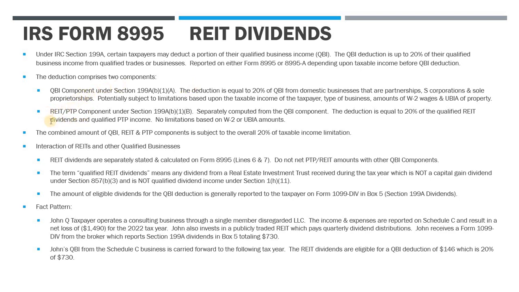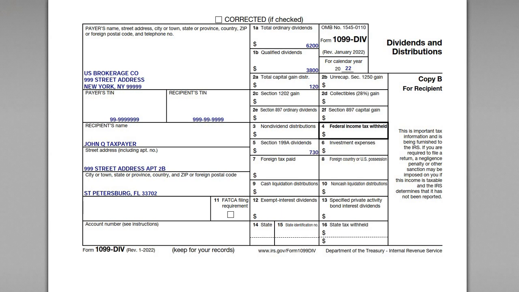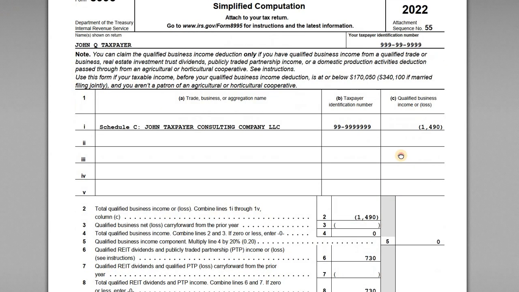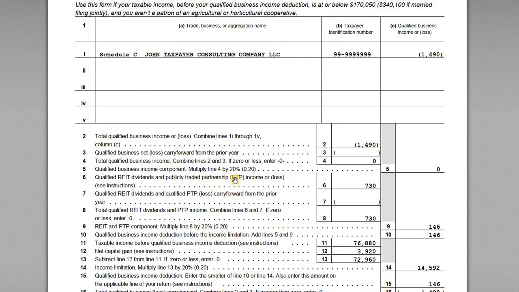The second piece are REITs, so REIT dividends, and then publicly traded partnership or PTP income. The reason these are separately stated is because they cannot be aggregated or netted against the other qualified business income. And that's why we see them separately stated here on the form.